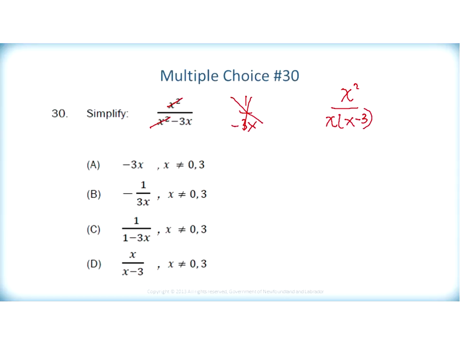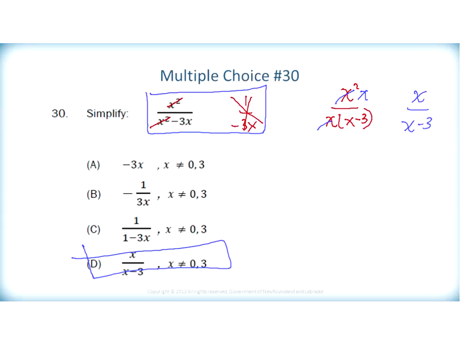Now there is a common factor of x, leaving x in the numerator. We have x over x subtract 3. This gives us D. So be very careful here. Do not make this error of canceling terms and not factors.